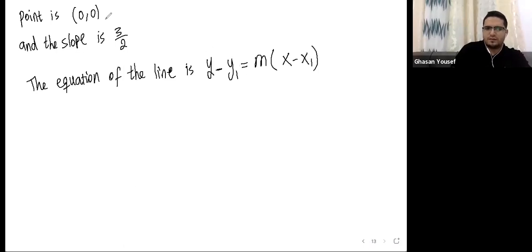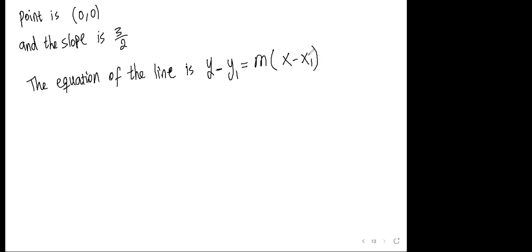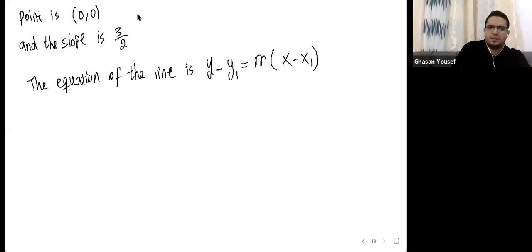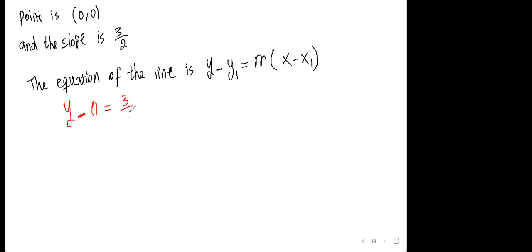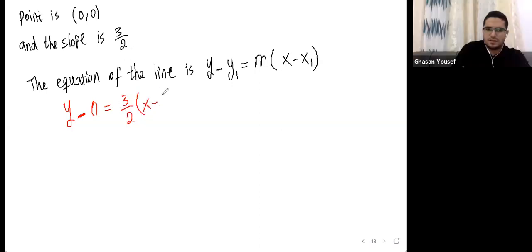What is my y1? 0. And what is my x1? 0. So plug inside the equation: y minus 0 equals the slope, 3 over 2, times x minus 0. Here I get y equals, x minus 0 is x, so 3 over 2 x.